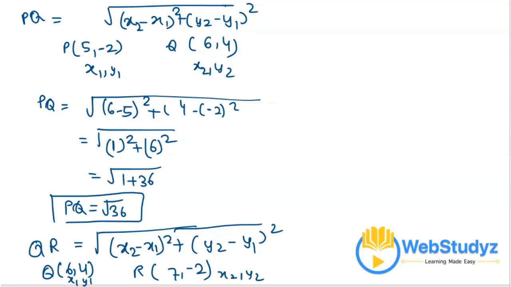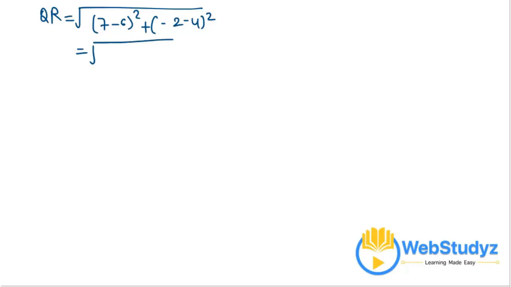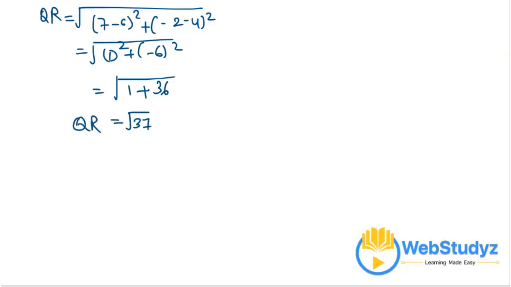Plugging the values, QR is equal to the square root of (7 minus 6) whole square plus (-2 minus 4) whole square. 7 minus 6 is 1, so 1 square, plus -2 minus 4 is -6, so (-6) whole square. That is equal to 1 plus 36, which is the square root of 37. So we get the value of QR, which is equal to the square root of 37.